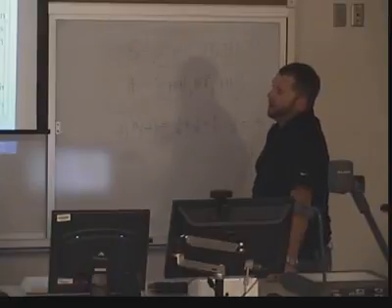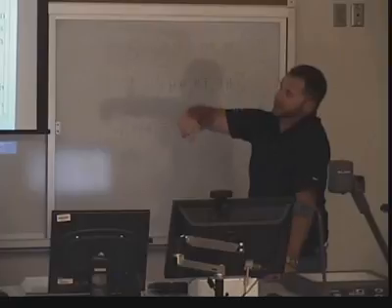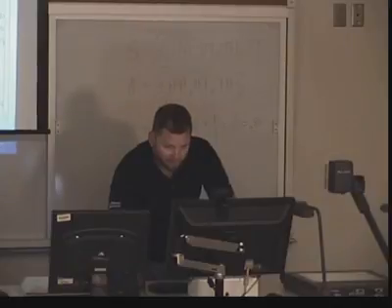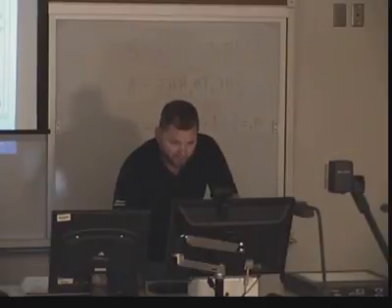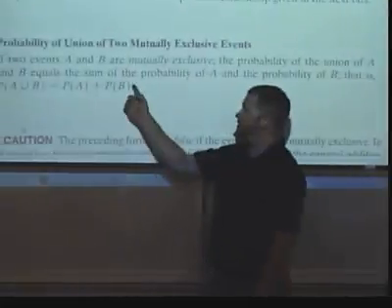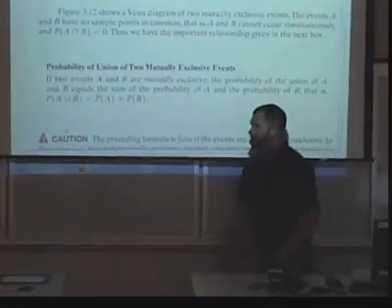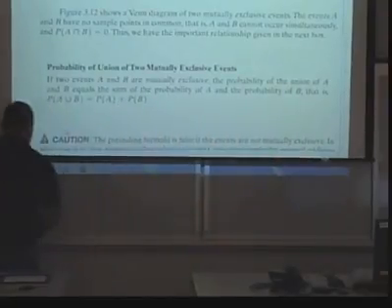So the probability of the union is just the probability of A plus the probability of B. The probability of the union of two mutually exclusive events is simply the probability of A plus the probability of B. Notice here they don't have to subtract off the intersection because they're just subtracting 0. So really it is like the additive rule.